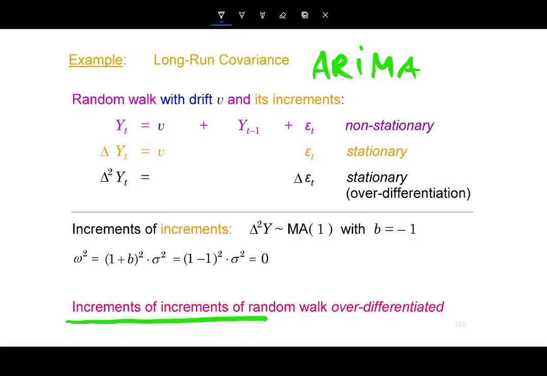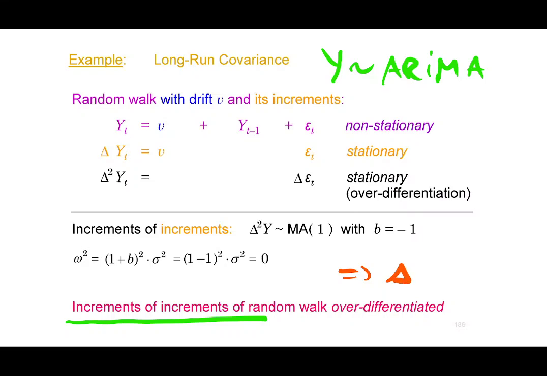But let's say y follows the ARIMA process, which is a non-stationary ARMA model with integration, where mostly the process is integrated of order 1. Then the difference of the process, whether it's multidimensional or not, would follow a stationary ARMA model.